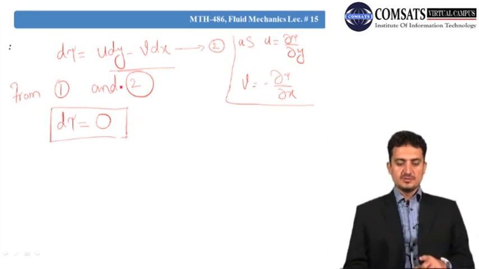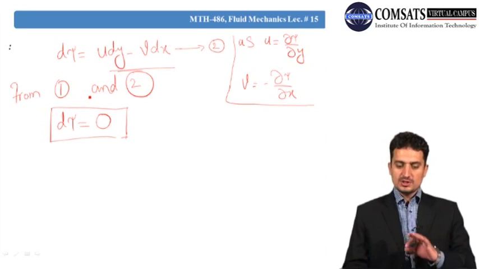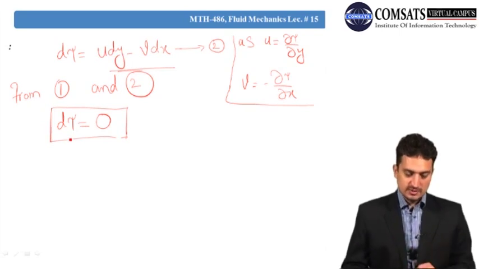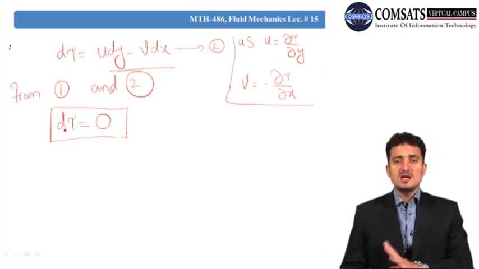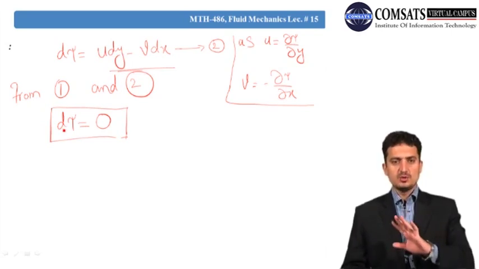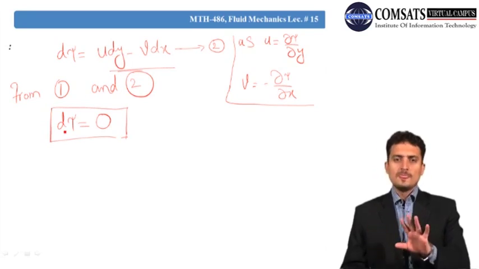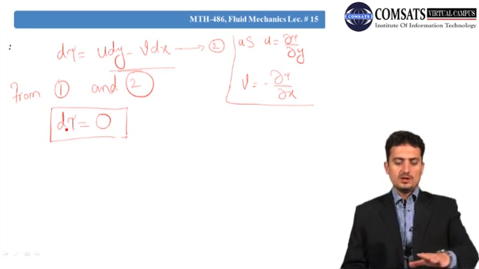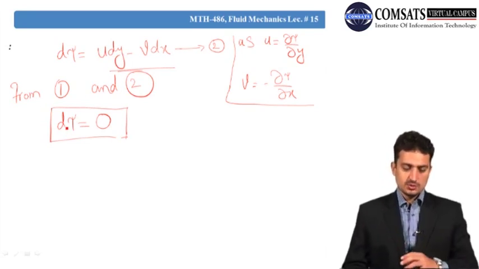What we did was simply calculate the stream function and compute it for a particular streamline given in equation 1. You saw that d psi is equal to 0 for that streamline, and it was any random streamline. We did not specify any condition on it; we simply derived a general streamline equation and showed that d psi is equal to 0.